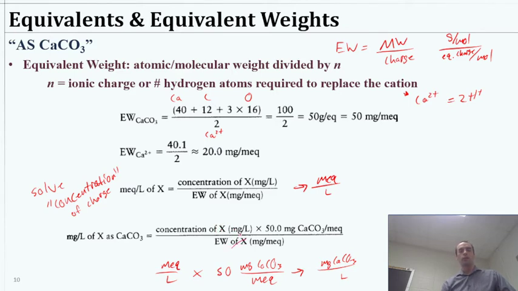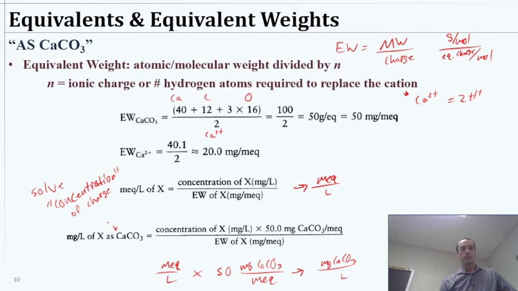So we have milligrams of X divided by milligrams of X. Those two will cancel, and we'll be left with milligrams of CaCO3 per liter, because we retain the per liter and the milligrams CaCO3, and the other pieces will cancel. So it becomes milligrams per liter as if it were CaCO3. That's the as CaCO3.